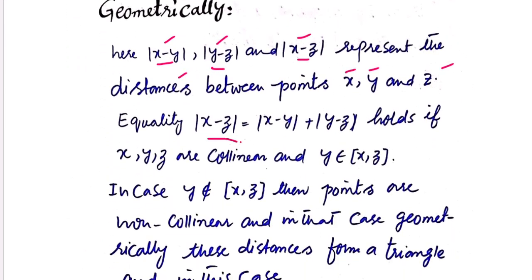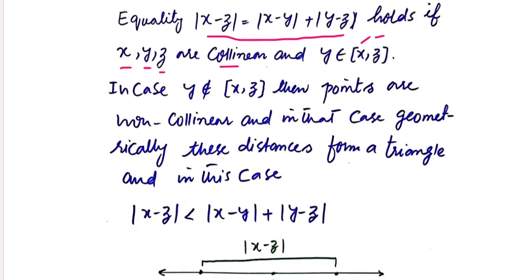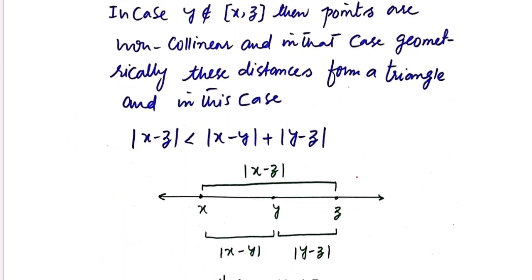This equation holds if x, y, z are collinear. Collinear means they lie on the same line, and this holds if y lies between the two numbers x and z. You can see from this figure, these are the three points x, y, z.